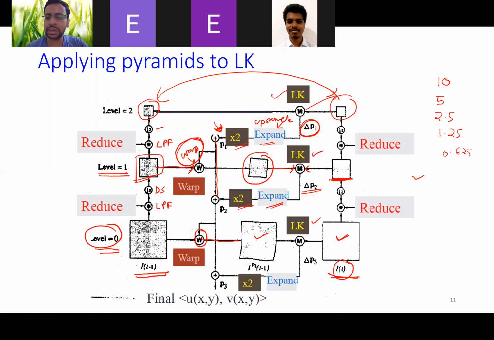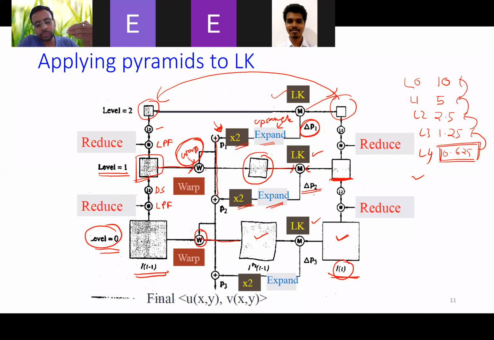So I start my Lucas and Kanade at this level, and then from here I come here, then here, then here, then here, right? So this would be level 0, this would be level 1, level 2, level 3, level 4. If I know a priori that what I expect is 10 pixels displacement, then I will use 4 level Lucas and Kanade. That's all.